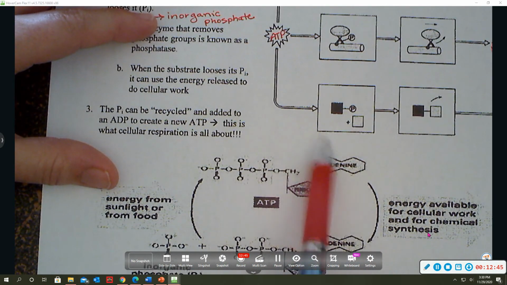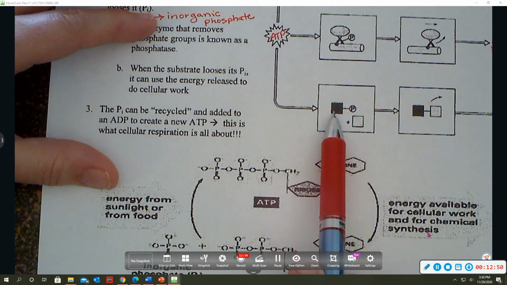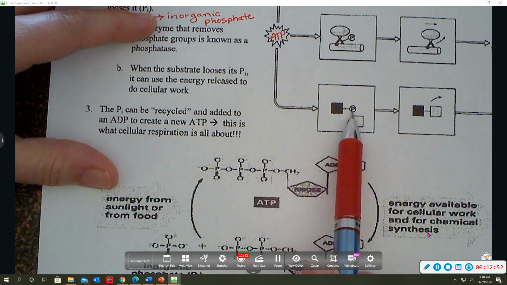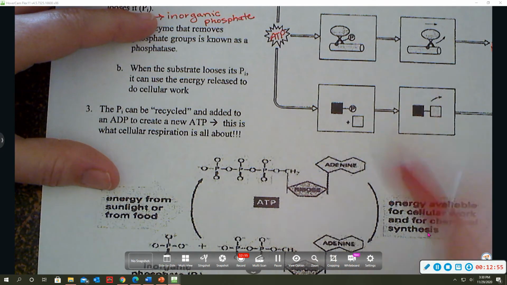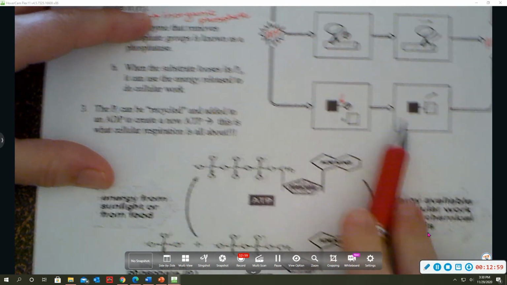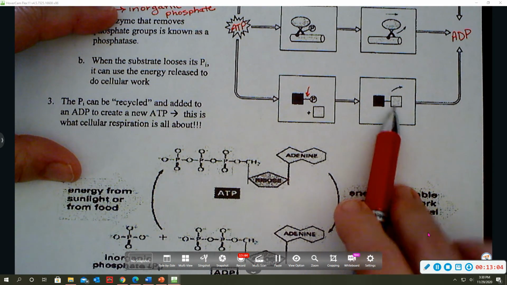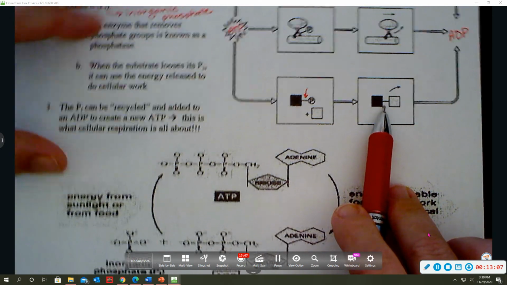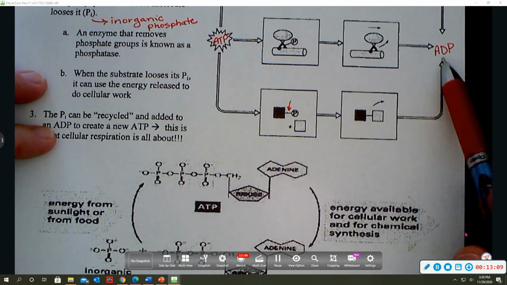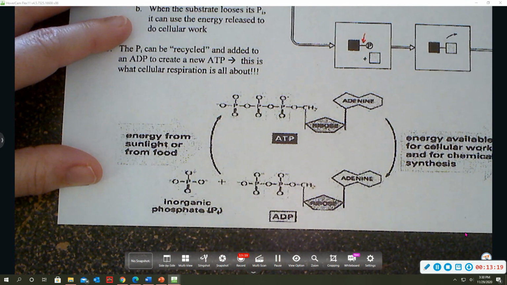But if kinase can break off the P from ATP and give it to this substrate, then this substrate can use the energy right here in this bond to make another bond with whatever it's supposed to make a bond with to make a finished product. All right, and then we have ADP. We're going to have to recycle that. That's going to go to the mitochondria, and that is cell respiration when we recycle this and put the P back on.